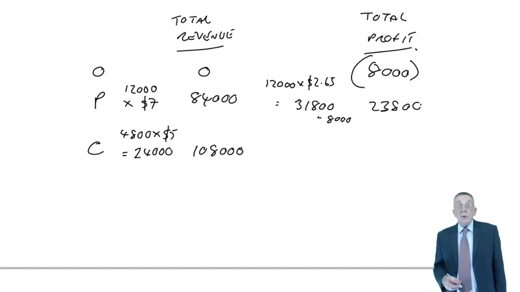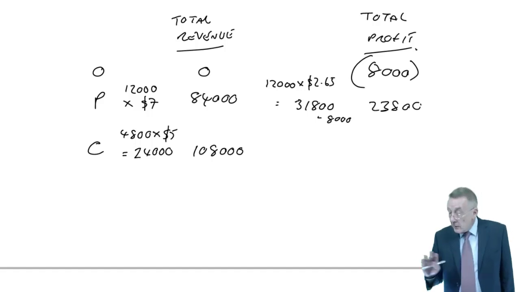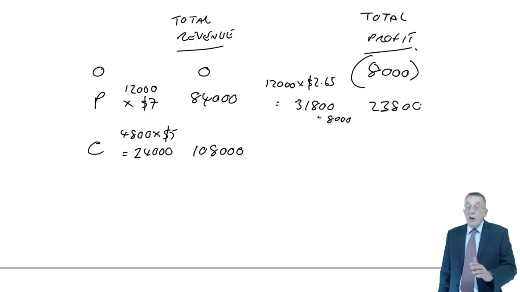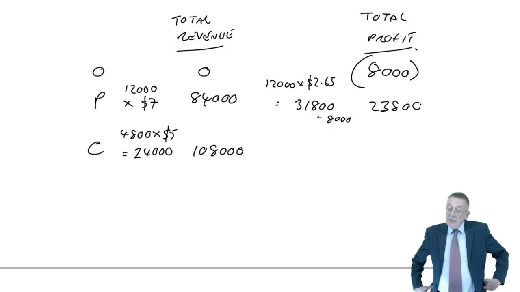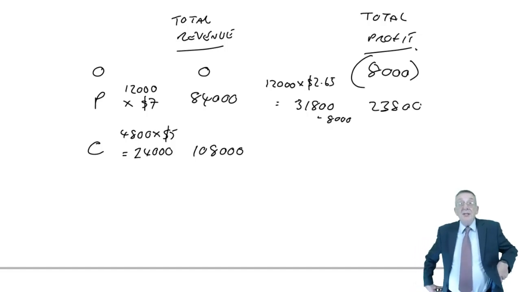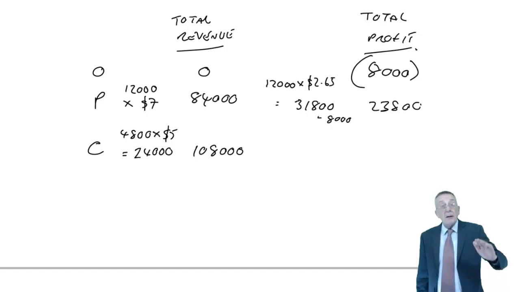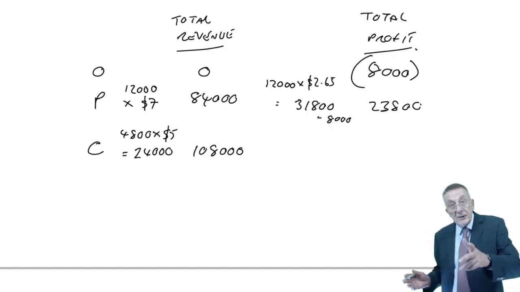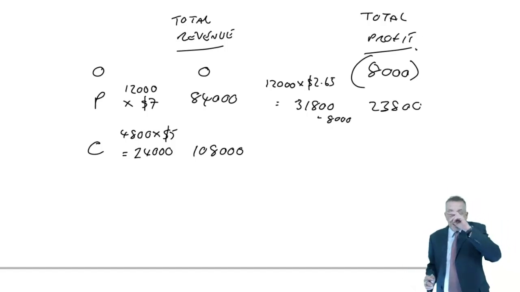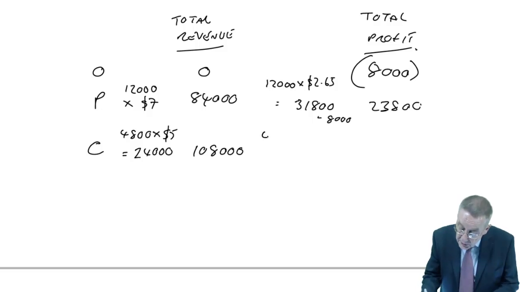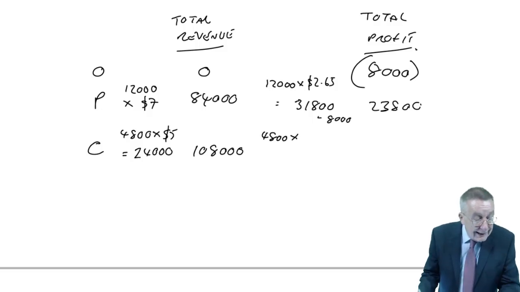And what will happen to the contribution? We've already got the profit from selling all the Ps, with so far a profit of 23,800. If we start selling more Cs, no extra fixed costs obviously, but extra contribution, 4,800 times $1.25.